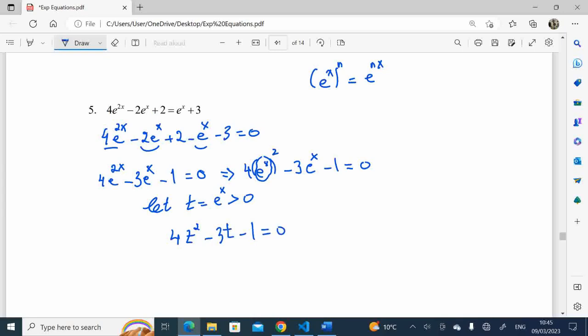To solve this quadratic equation, we may use a calculator or delta, it's up to you. If I use a calculator, we get t = 1 or t = -1/4. Now t = -1/4 is rejected because t should be positive.